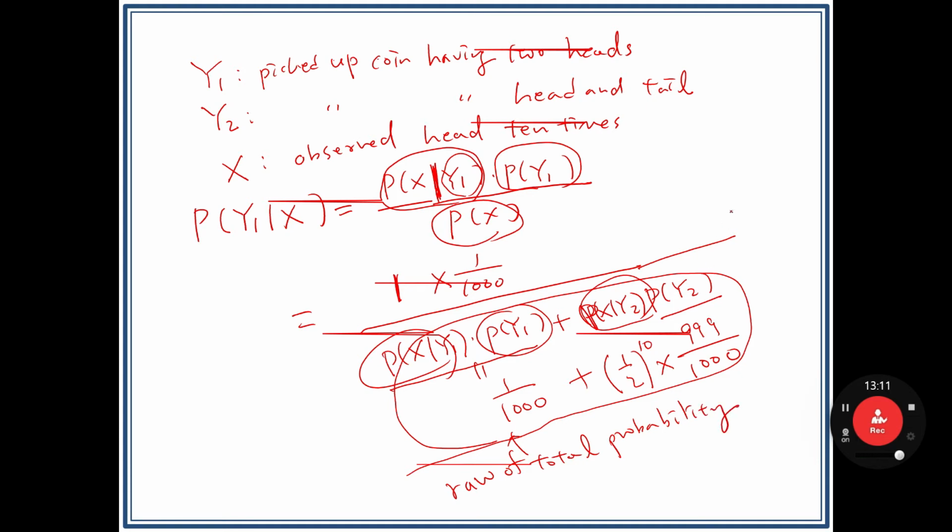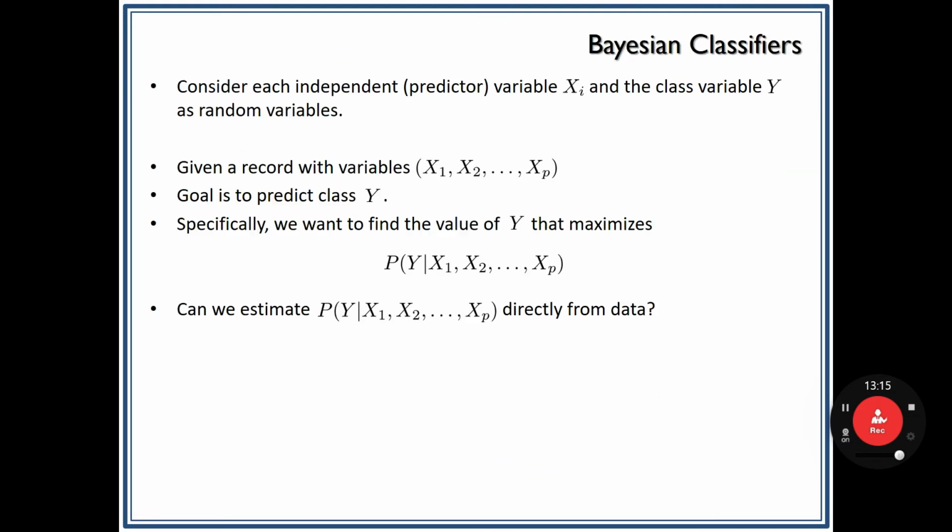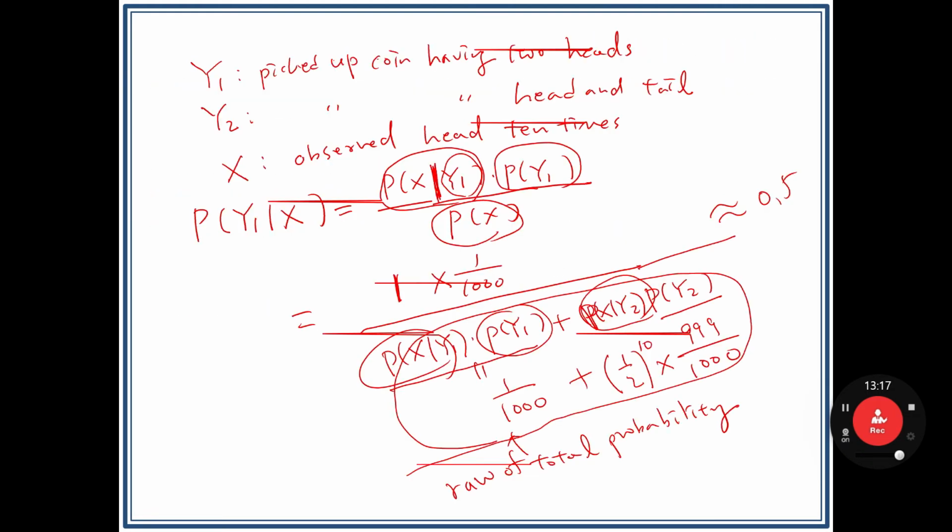Then actually this value is very close to 0.5. Okay, so we just reviewed the Bayes theorem. Intuitively, the reason that this value is very close to 0.5 is that in the case where we picked up a normal coin, it's very hard to see 10 times of heads, right?